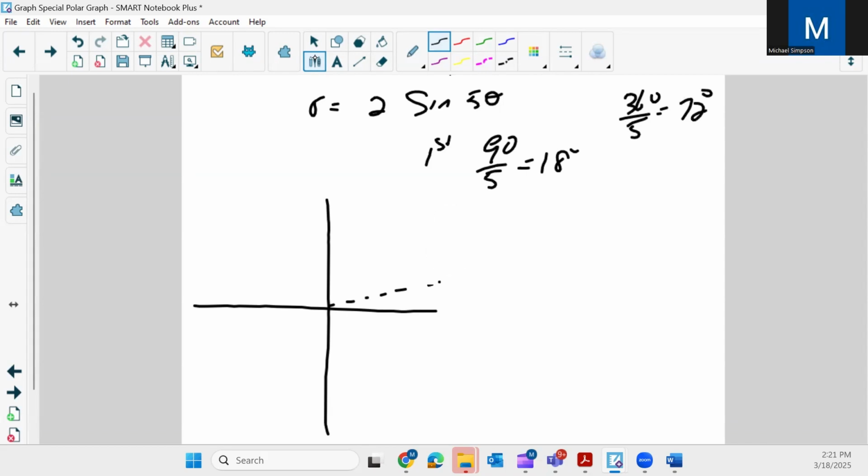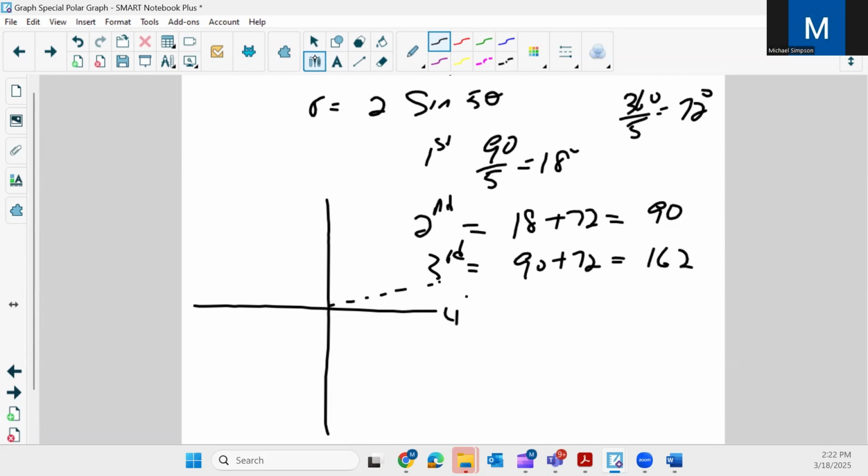So my second one now is going to be what? You guys got it. Because cosine of 0, okay? So that gives me 90, right? My third one is what? 90 plus 72, which gives me 162.